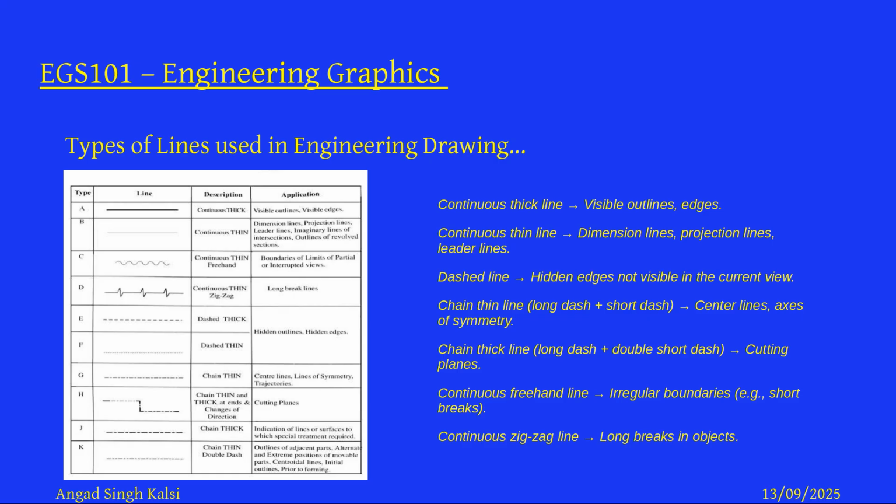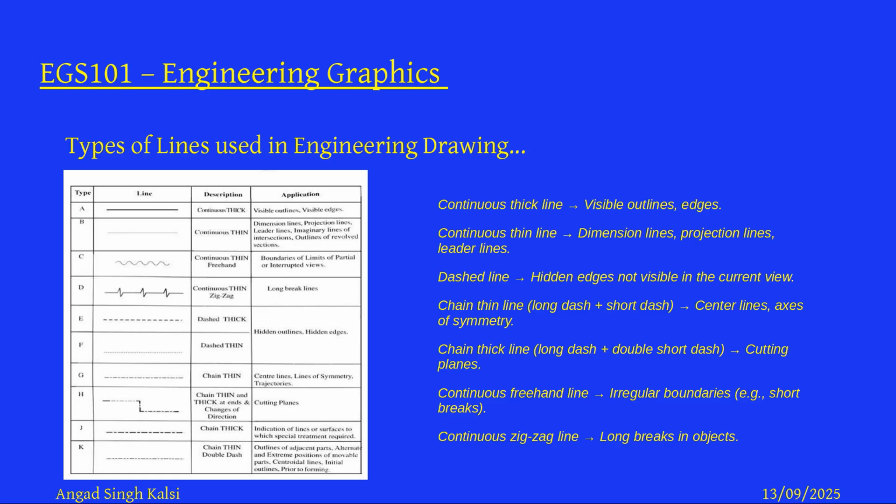Now we will talk about the types of lines that are used in engineering drawing. As you can see from the table, in engineering drawing, different lines show different meanings. The continuous thick lines mark visible edges, while the continuous thin lines are used for dimensions and guides.